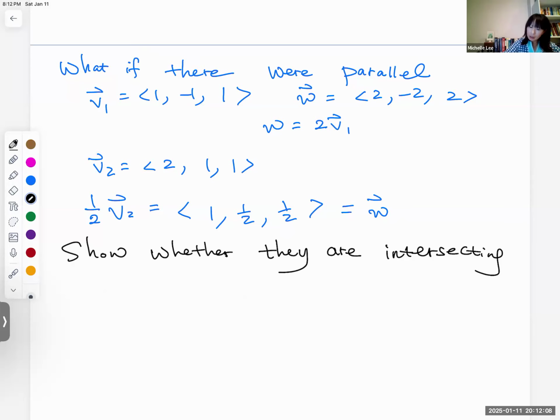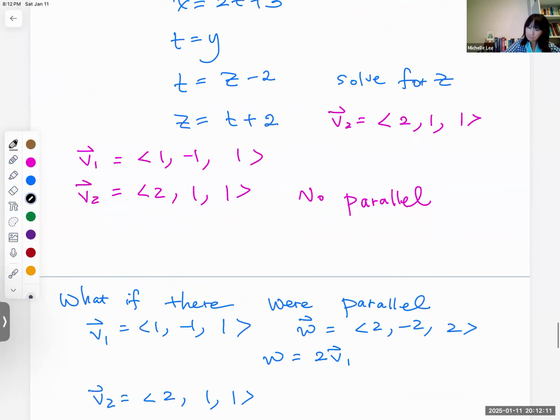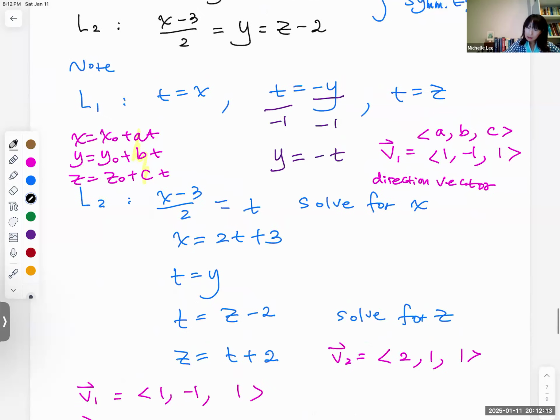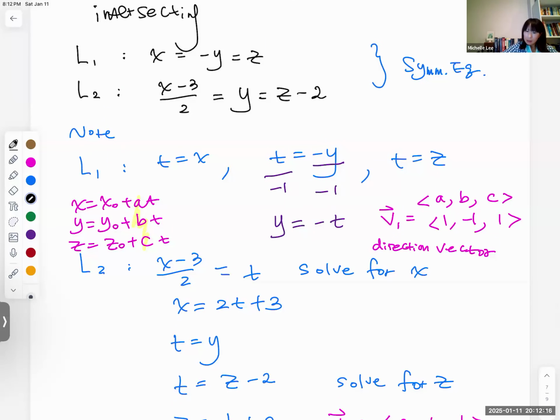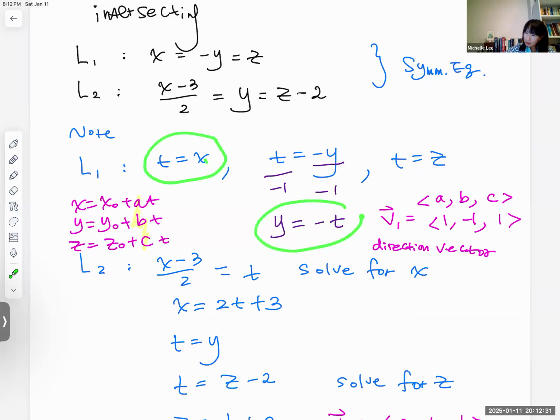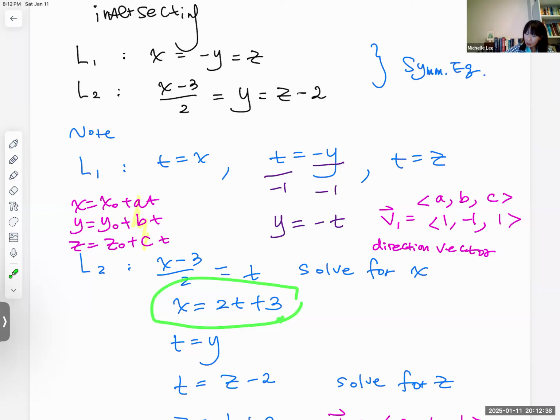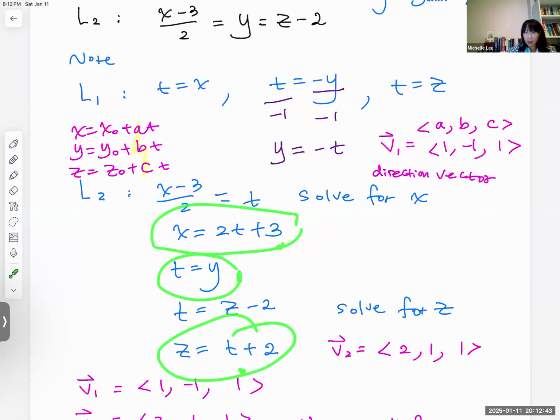Okay, so we have x equal to t, y equal to -t, z equal to t, and we have x equal to 2t plus 3, y equal to t, and z equal to t plus 2, right?